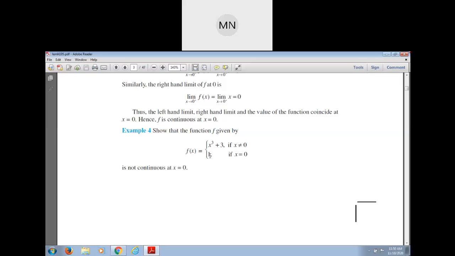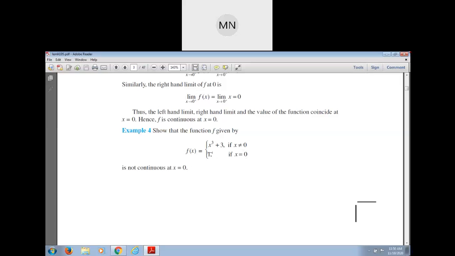Do you understand? When we write limit x tends to 0, then the functional value is x cube plus 3, because x tends to 0 means x does not equal 0. But when we consider x equals 0, then f of x is 1.